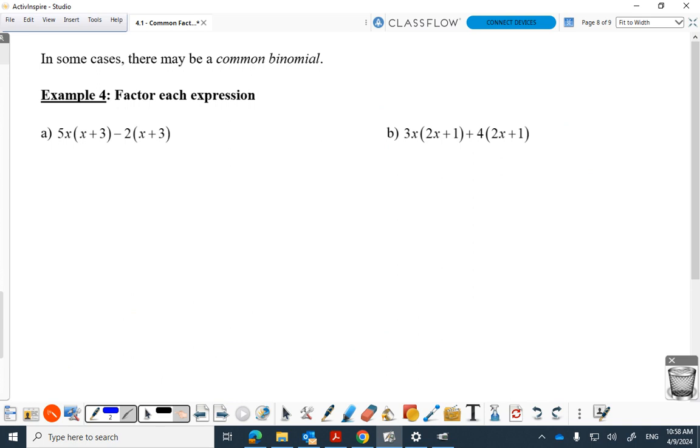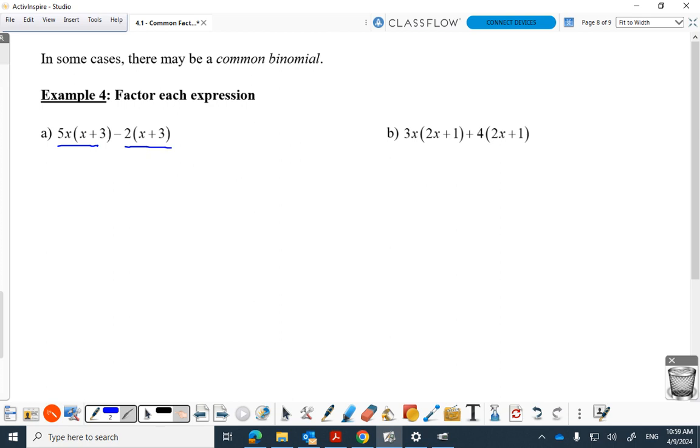Look at those two terms, and I'm going to underline each of the two terms here. Do you see anything that is common to both sets? The brackets. Yeah, that was my favorite answer. I heard people say 3, I heard people say x, I heard someone say x plus 3, but I heard the brackets.